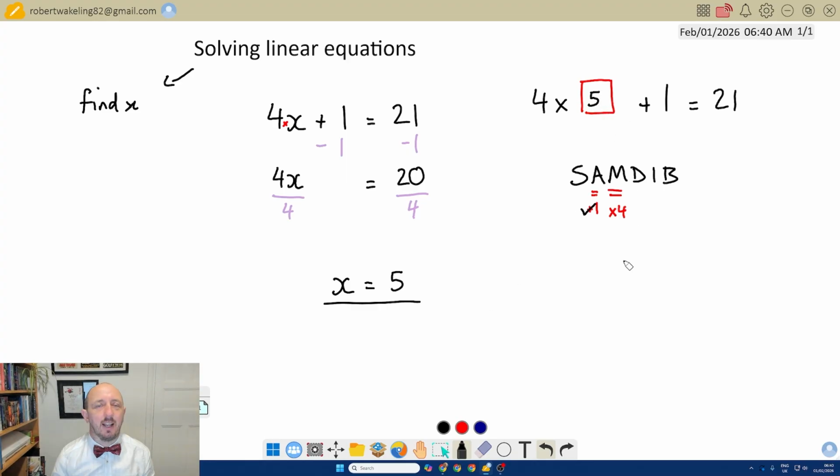So x equals 5. Okay, this process of SAMDIB in reverse will help you with even the most complicated equations. We're not going to get to those because we're just doing linear equations, so just x, but you'll see stuff with x squareds and square roots. That's all dealt with this framework.